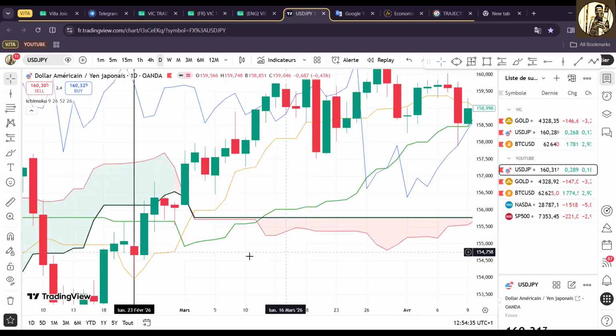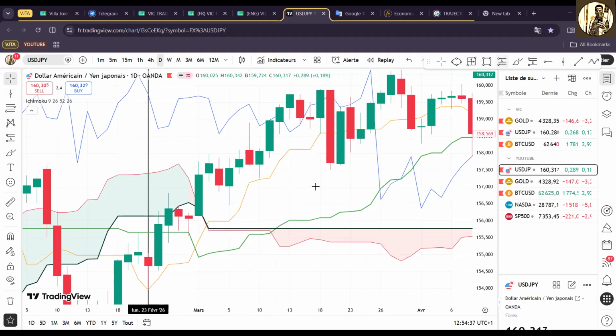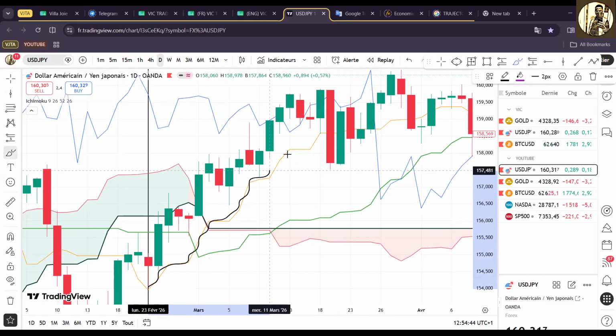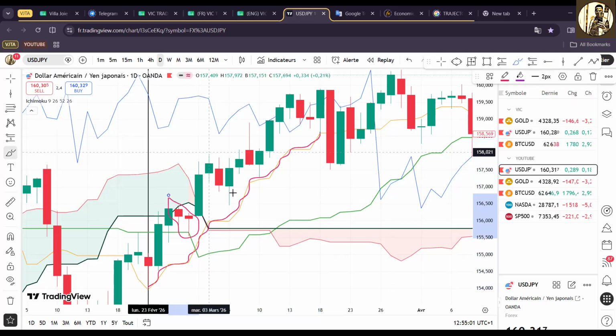On daily, when Tenkan is bended to the upside like this, right, all toward the upside until the candle touches Tenkan. During this period, the daily has created the red pullback this way, right? The red pullback after the HV breaker.